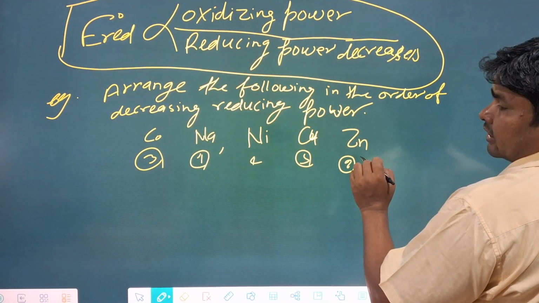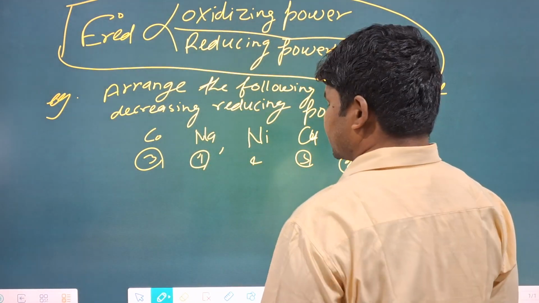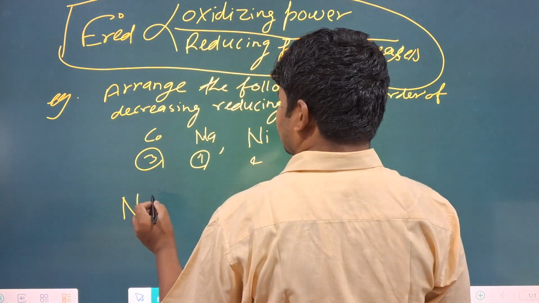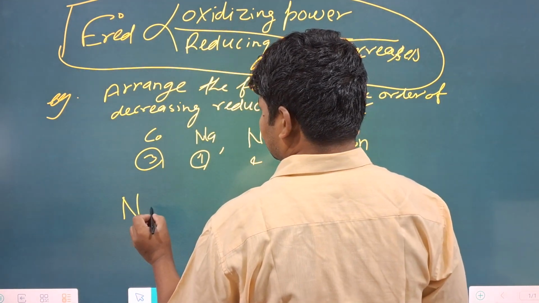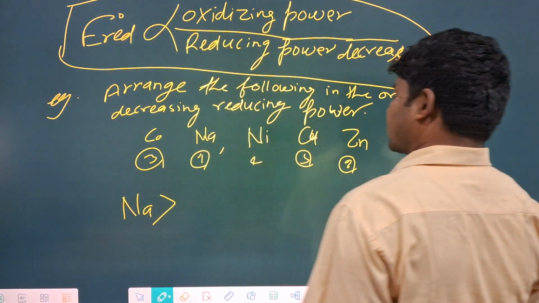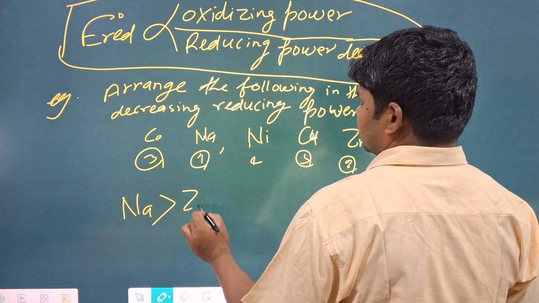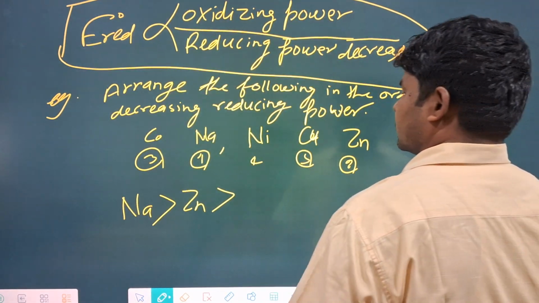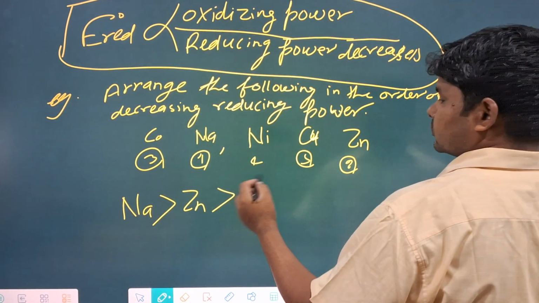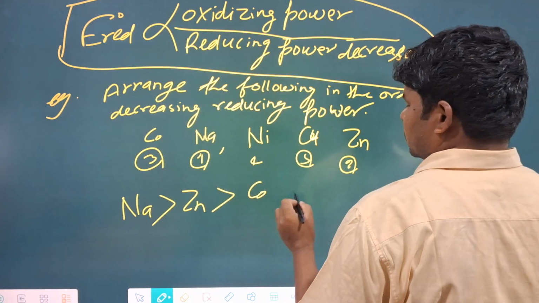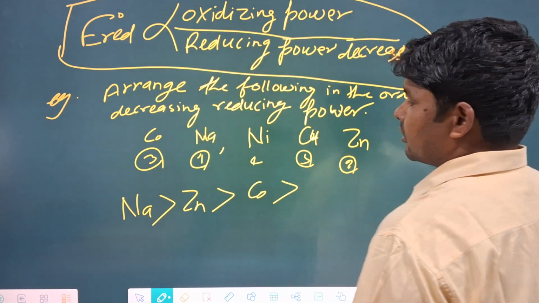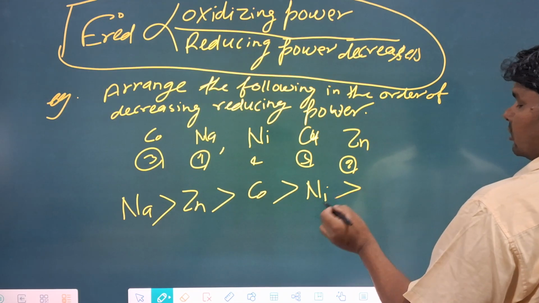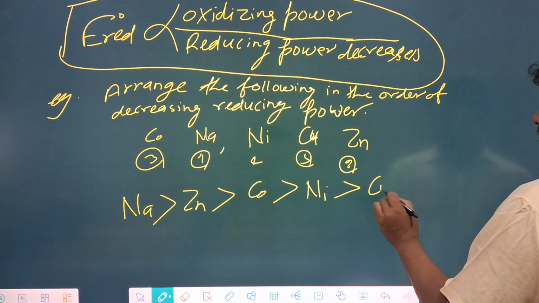Sodium contains a highly negative value of reduction potential, then sodium becomes the most reducing. The reducing power of sodium is greater than zinc, the reducing power of zinc is greater than cobalt, the reducing power of cobalt is greater than nickel, and nickel has reducing power greater than copper.